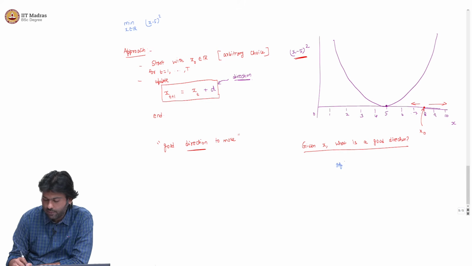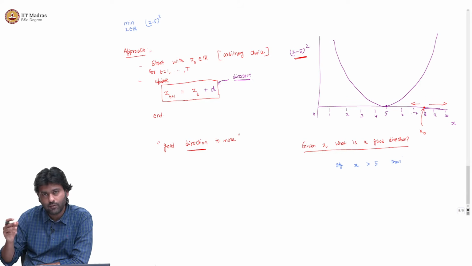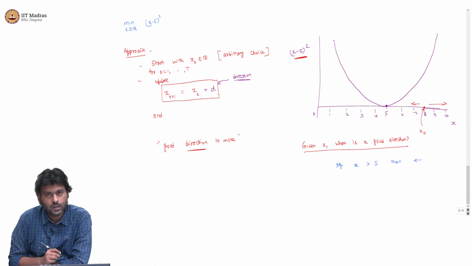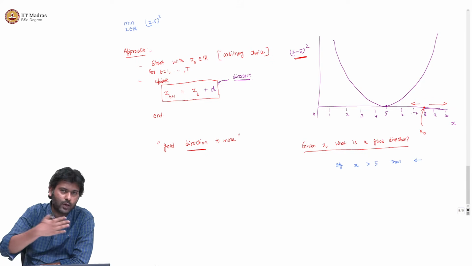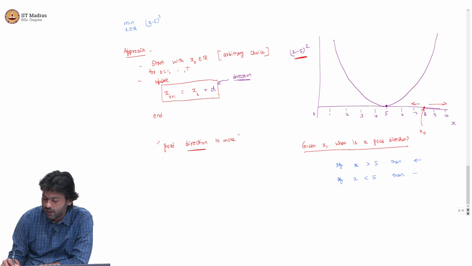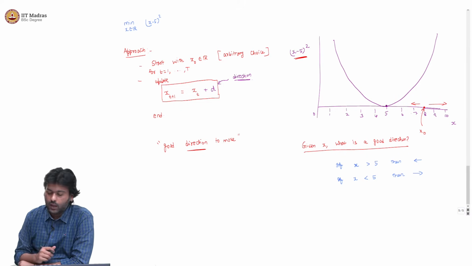If your current point x is greater than 5, then moving to the left is a good thing to do, because you are getting closer to your minimum, which is 5. If x is less than 5, of course, moving to the right is a good thing to do.